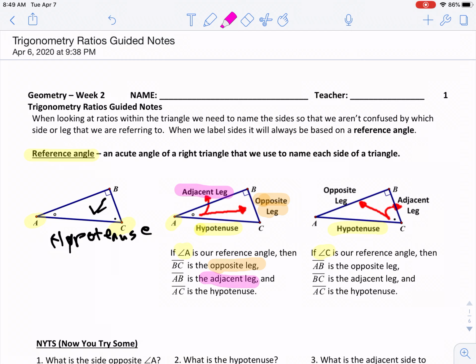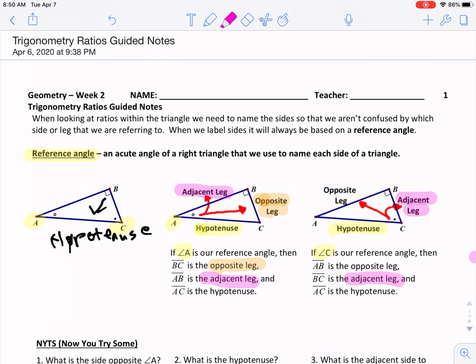All right. If we switch to C, notice it's the same triangle. We're just looking from a different angle. Now, the adjacent leg is BC. It's over here now because we switched what angle we were looking at.